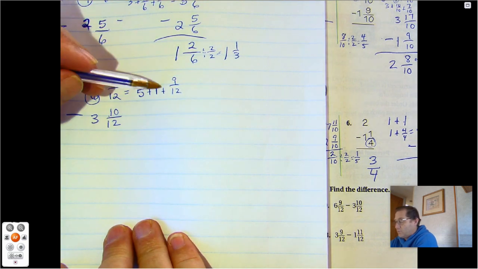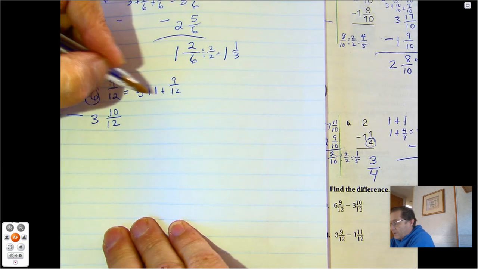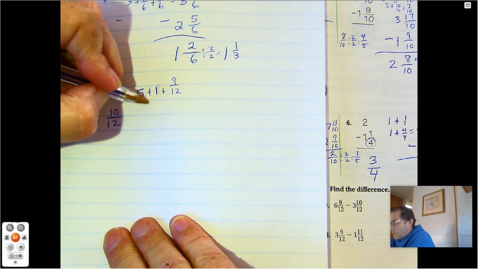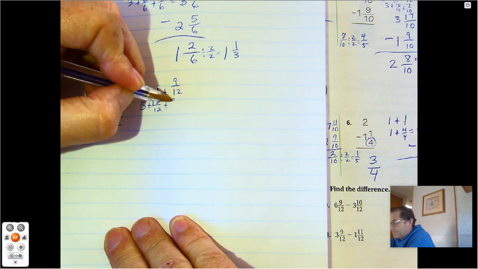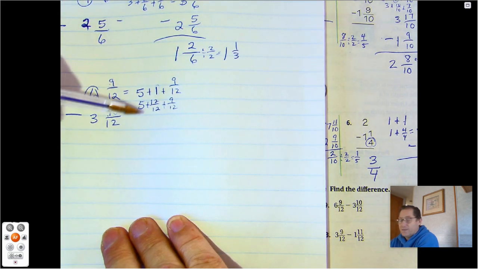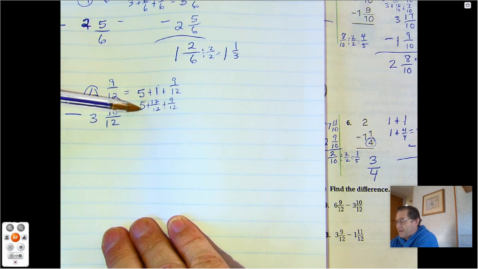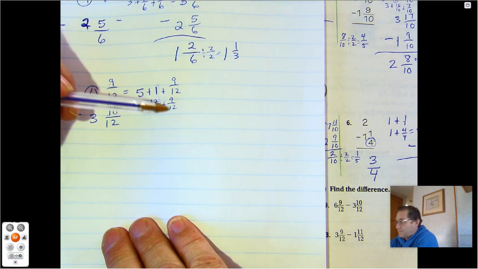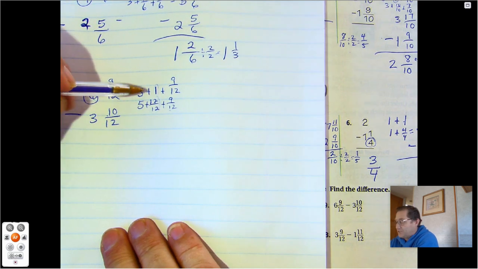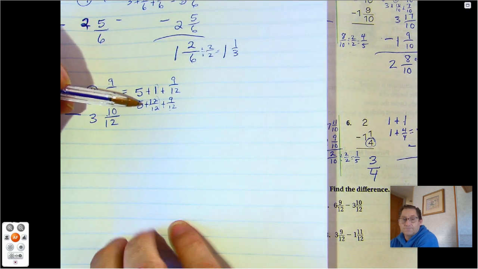Okay, so 5 plus 1 is 6. I'm going to trade this one whole for 12/12. Okay, so we still have 6 because 5 plus 1, 12/12 is 1, plus the 9/12. I haven't changed anything. I just renamed one of the wholes.